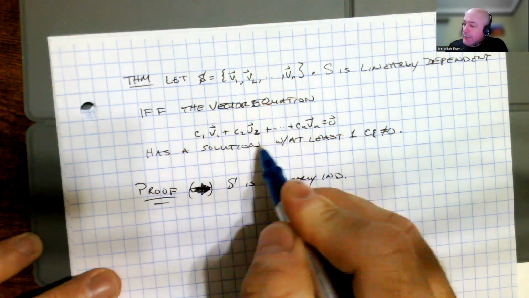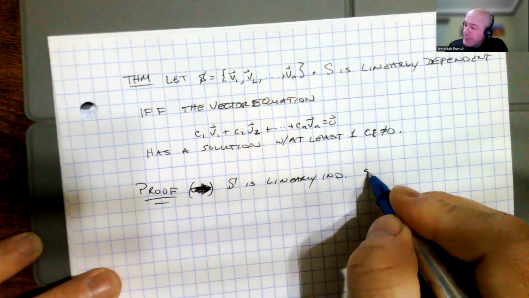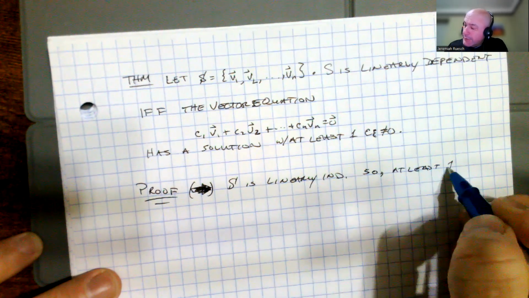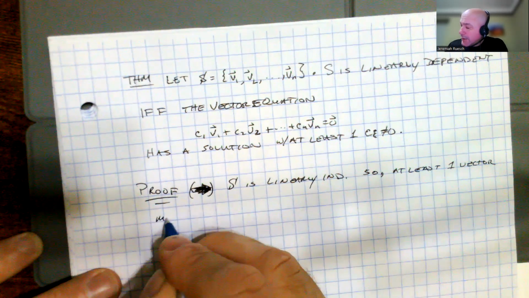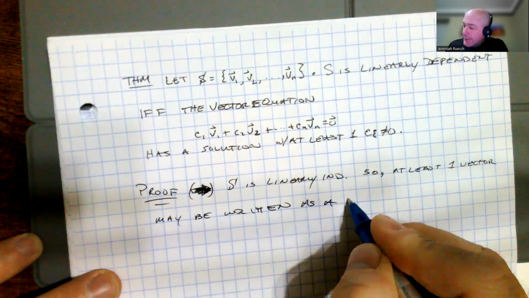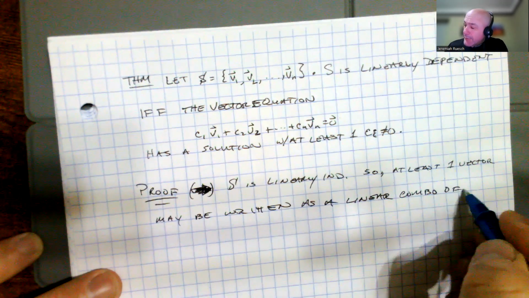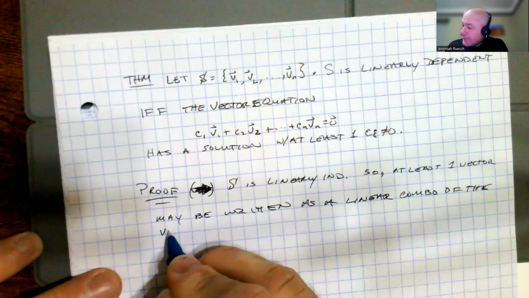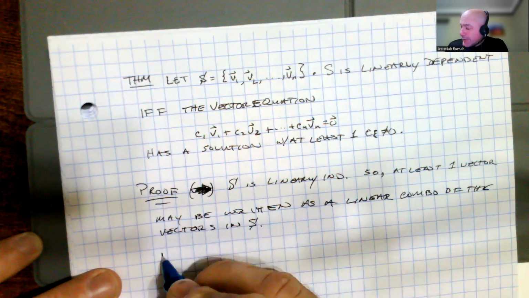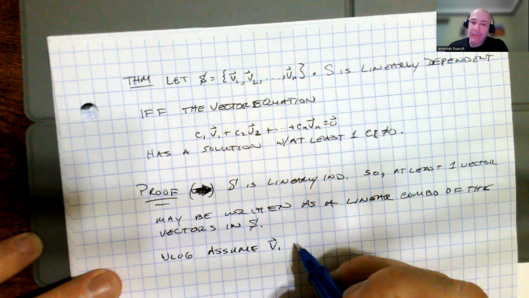Then we say that at least one vector may be written as a linear combination of the vectors in S. Without loss of generality, we can assume v1 is that vector.